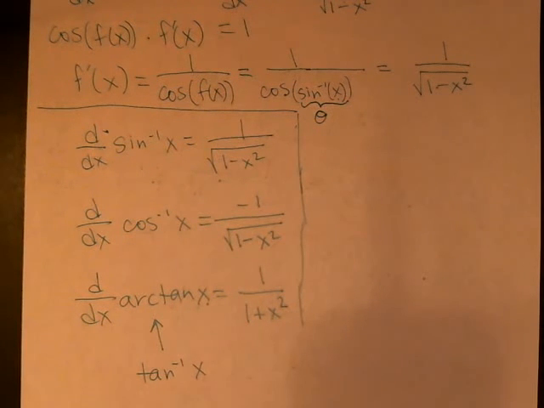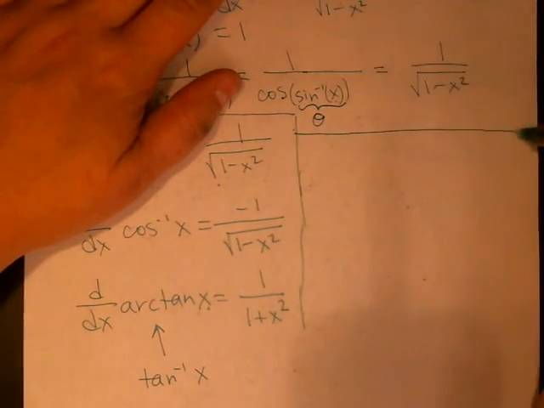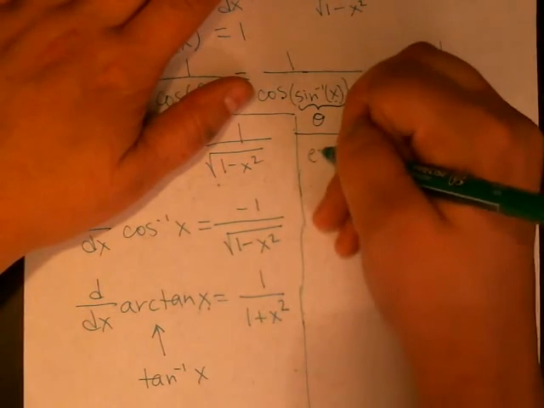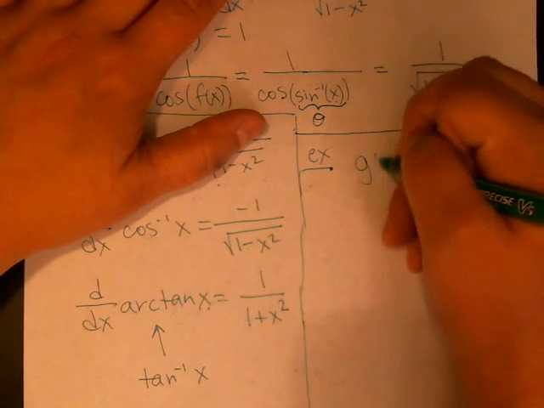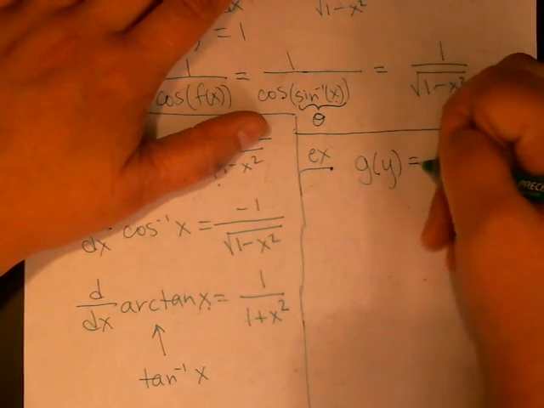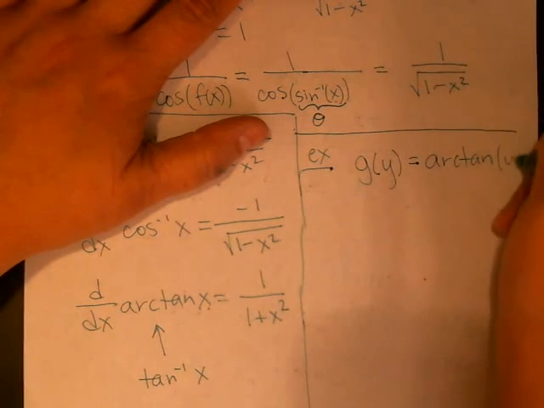Let me just show you a couple of quick examples here, and then we'll move on to the examples in your packet where you can practice a little bit. So, let's say we have g of y is equal to the arctan of y squared.